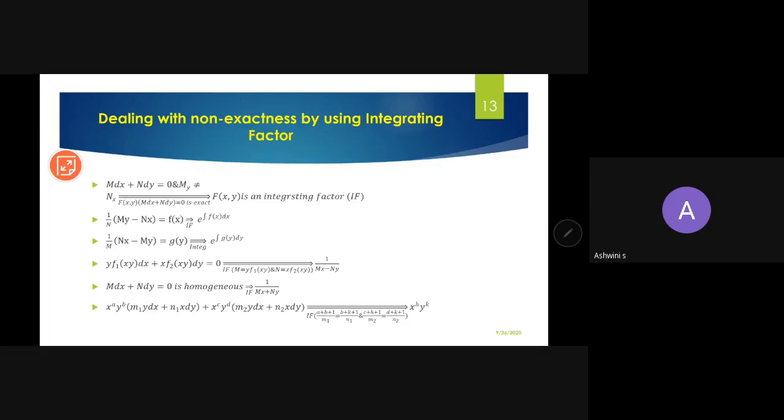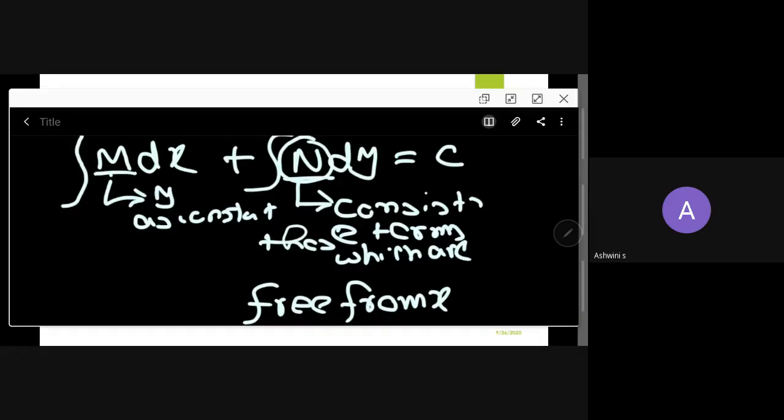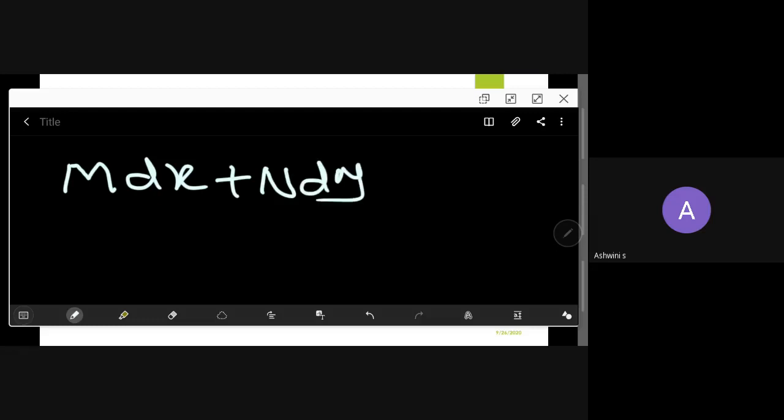When I am saying M_y, see, we have an equation here: M dx plus N dy is equal to 0.